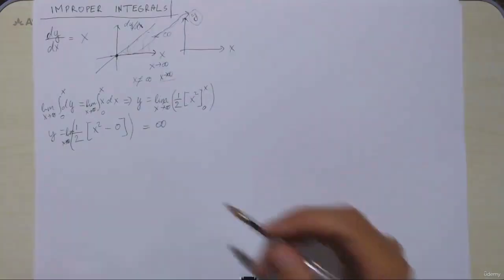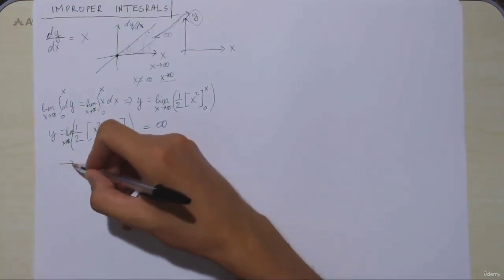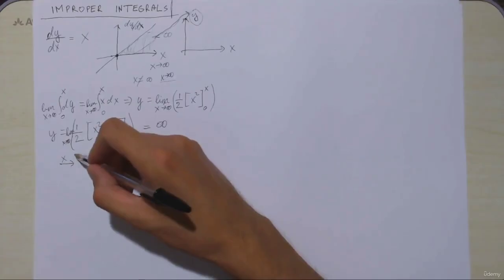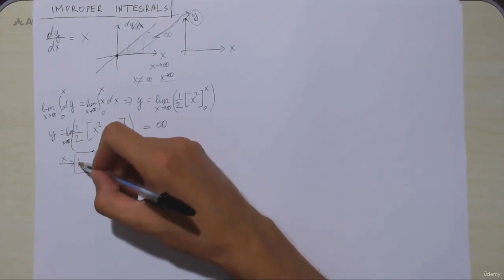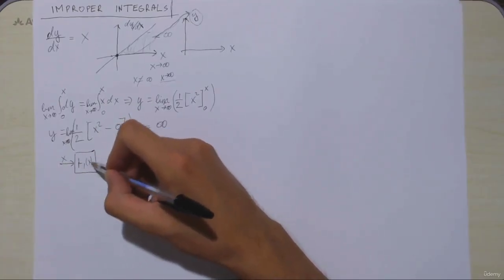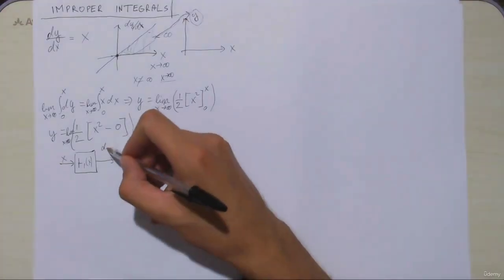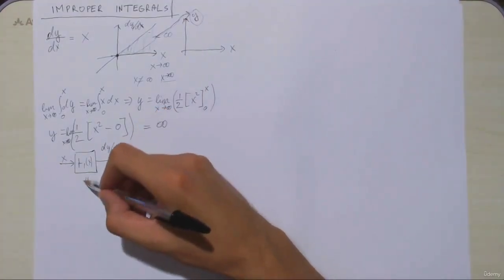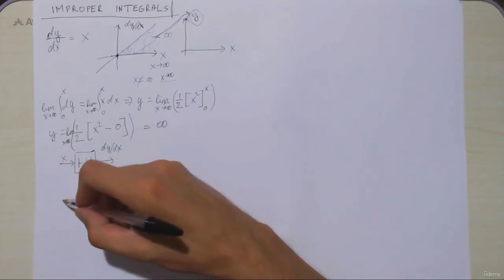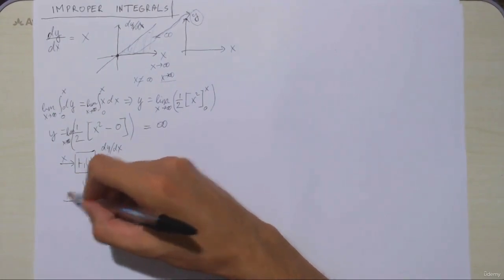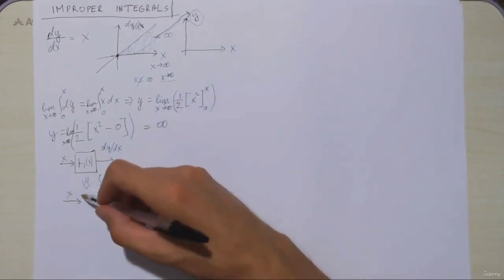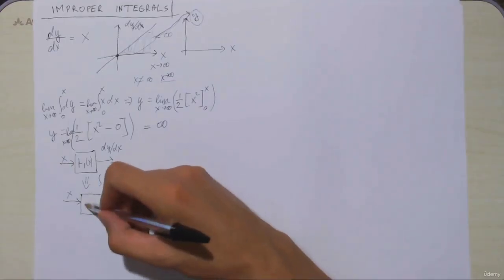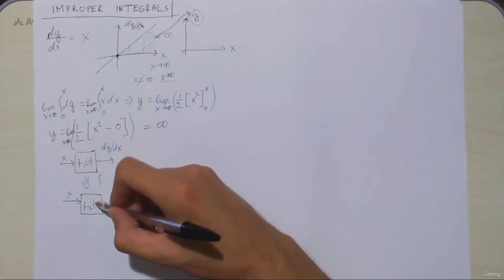So this area that you have here under the line, you now make a range out of it. If first you have this kind of function, your x is your input, and then f1 as a function of x, and then you get dy dx. Then if you take the integral of it, you still have the same input, x, but now you have a different function, f2 as a function of x.